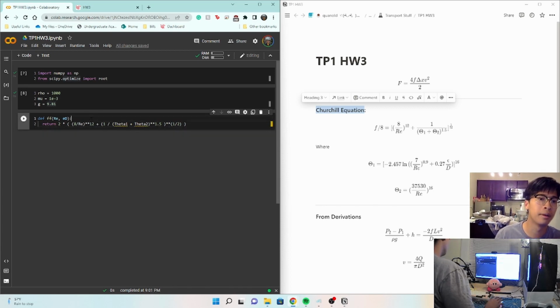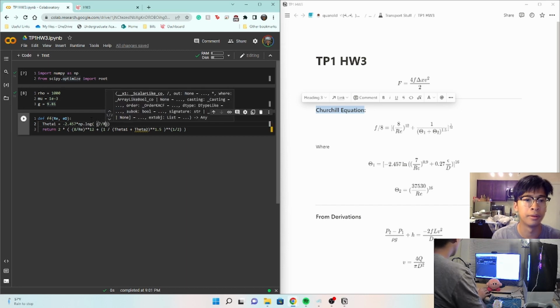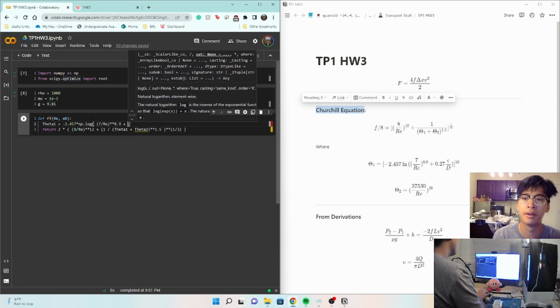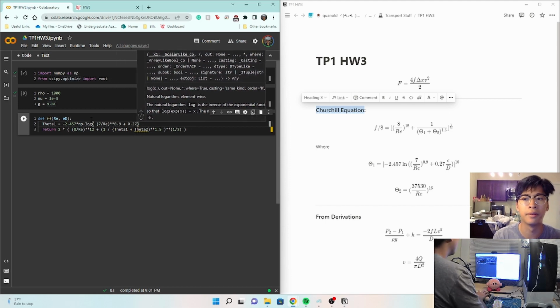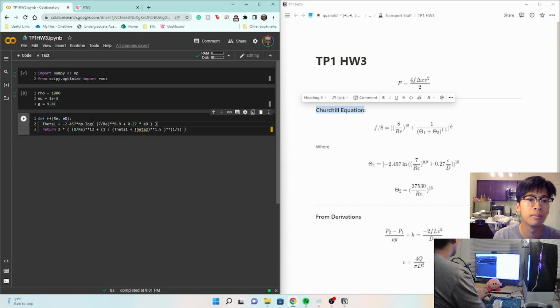Go off and define theta 1. Theta 1 is equal to negative 2.457 times log of 7 over the Reynolds number raised to the power of 0.9 plus 0.27 times epsilon over d, raised to the power of 16.